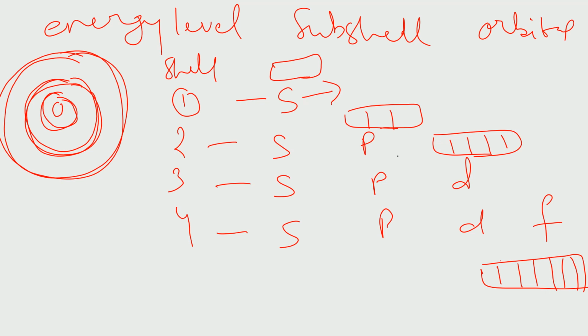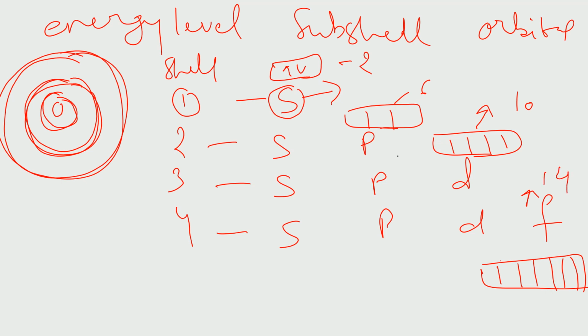Each orbital can hold a maximum of 2 electrons. So s can hold a maximum of 2 electrons, p can hold a maximum of 6 electrons, d can hold a maximum of 10 electrons, and f can hold a maximum of 14 electrons.